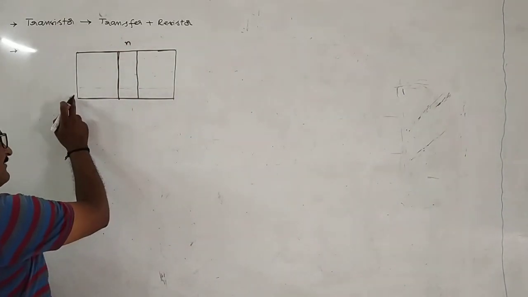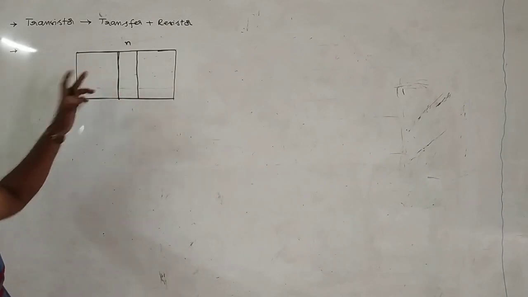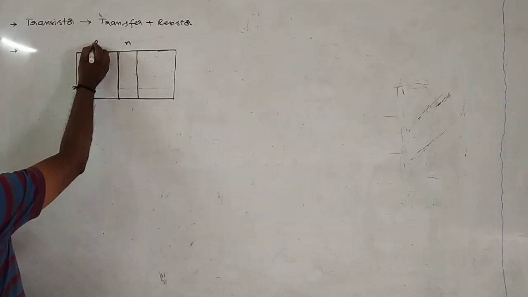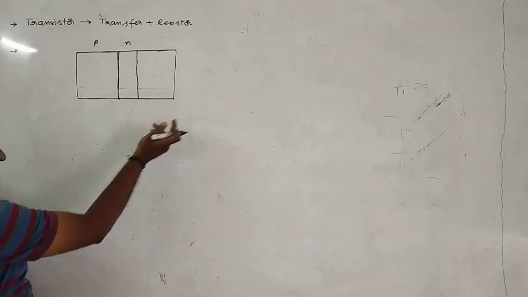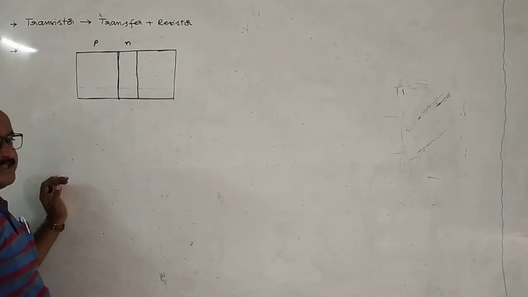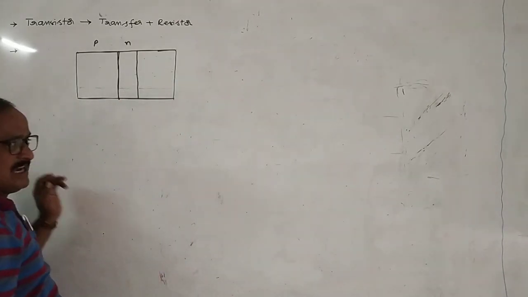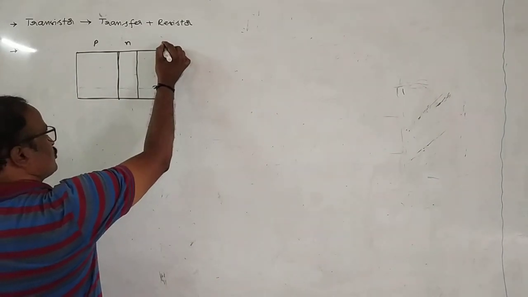On the left side of the silicon, a majority number of trivalent impurities are doped. Trivalent impurities means it becomes p-type. Again on the right side of the silicon, some lesser number of trivalent impurities are doped such that it also becomes p-type.